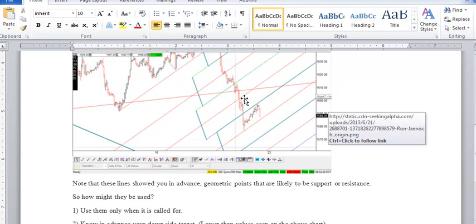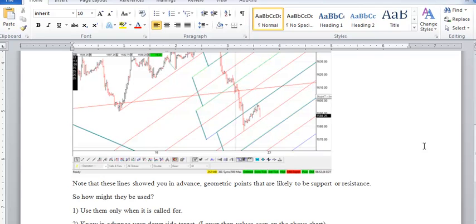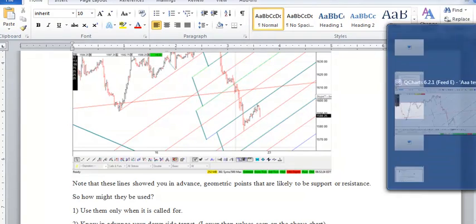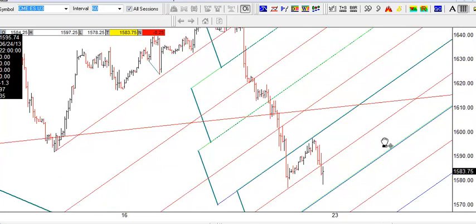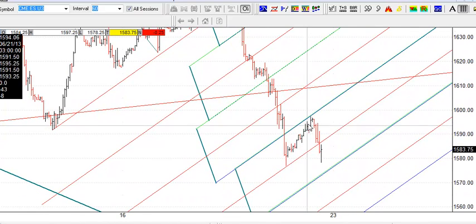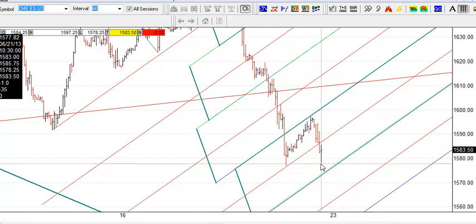So for example, when prices went up here and let's say you sold up here, you go through one line and then it goes down to the second one. You can take profits here and take a chance to see if prices go up and give you another selling opportunity, which in this case they did. So let's see what's going on at this very moment, and we can see that prices drop through here.